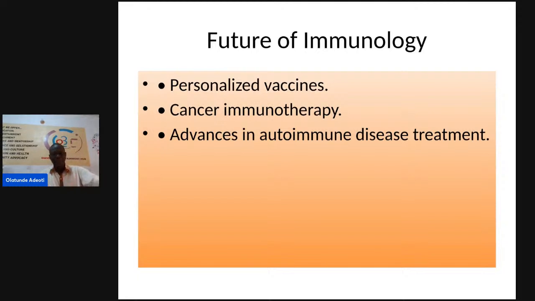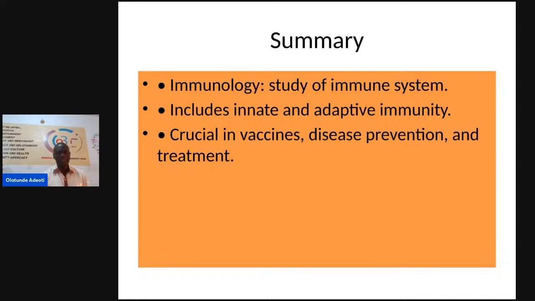That means in no time we should be able to develop a vaccine against it or produce a drug that will be able to fight it. Then there are going to be advances in autoimmune disease treatment. That is a part of the future of immunology.